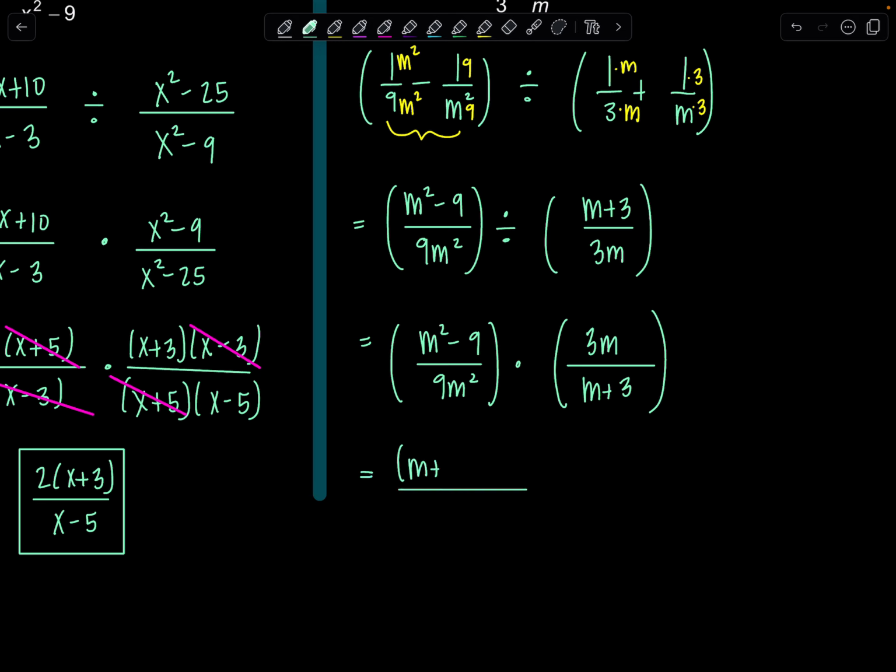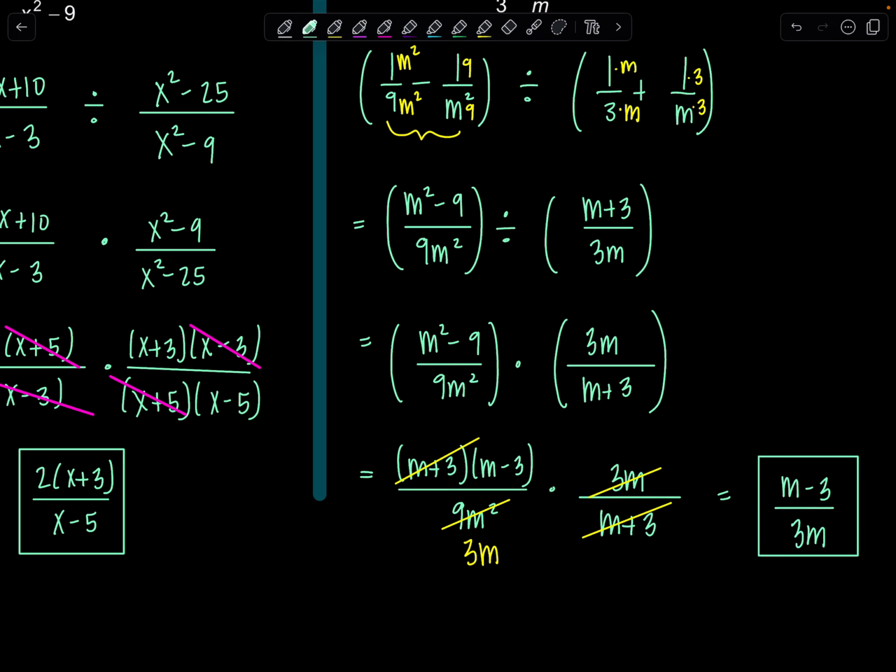So this is m plus 3, m minus 3, 9m squared, 3m, and m plus 3. So m plus 3 cancels, 3m cancels with 9m squared, and now that's only a 3m. And then we have m minus 3 divided by 3m.